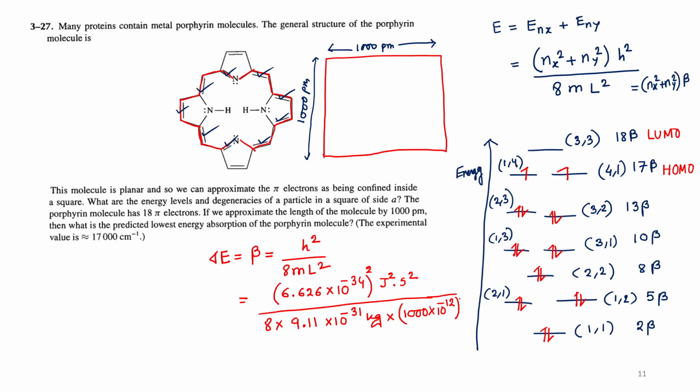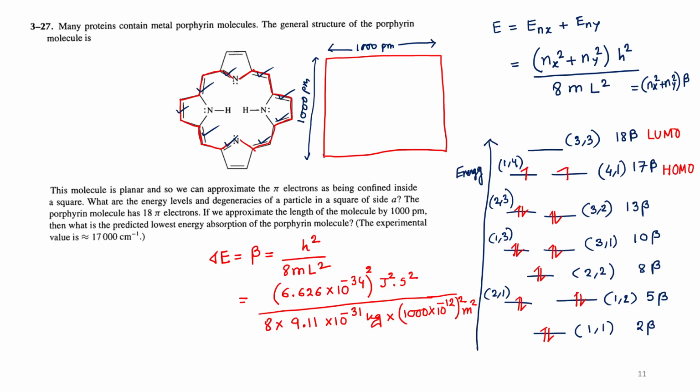Square of that, meter square. So we will get some values in joules, and then we can convert into centimeter inverse. That we have learned. But from this question, what we have learned is how to get the HOMO-LUMO gap.